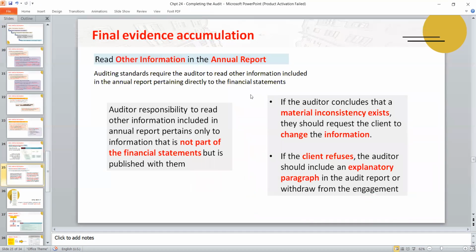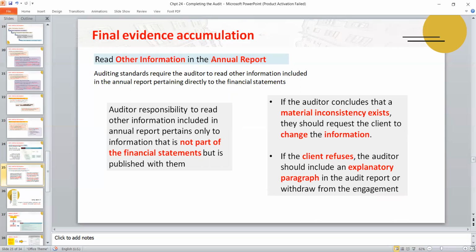So technically, when you have an audit for the financial statement, they also already prepare the information in the annual report. Maybe incomplete, but they already have progress in the annual report.